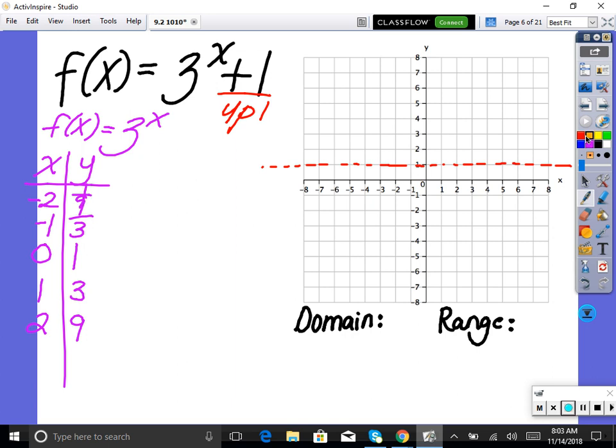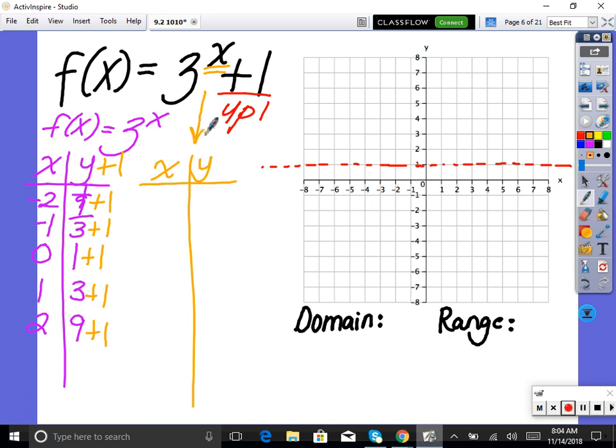So then from there, you'd say no shifts left and right, so we don't have to change our x's. But we are going up 1. So you take your y values and add 1. So add 1, add 1, add 1, add 1, add 1. So for this function, our x, y points are still at negative 2, negative 1, 0, 1, and 2.